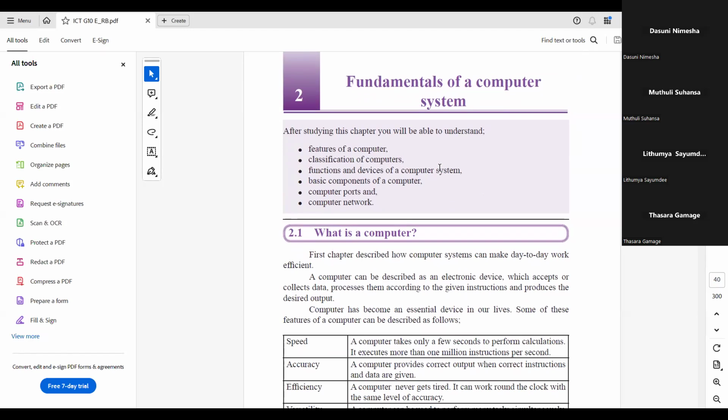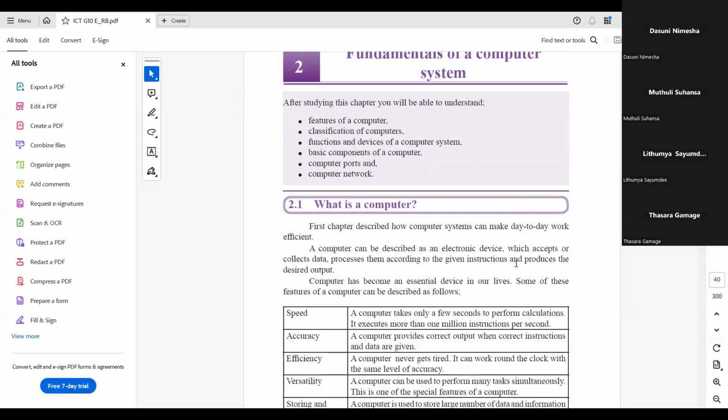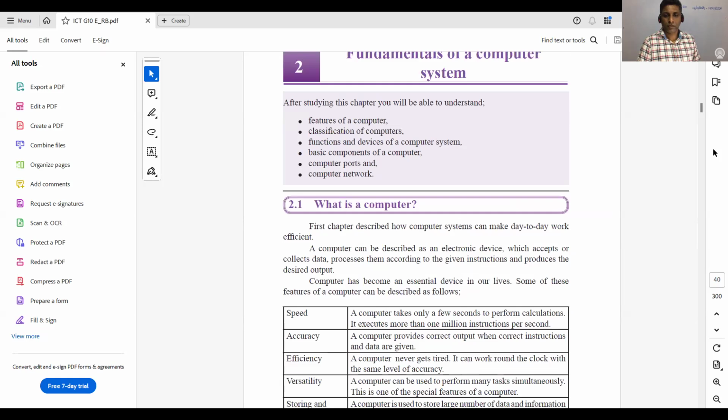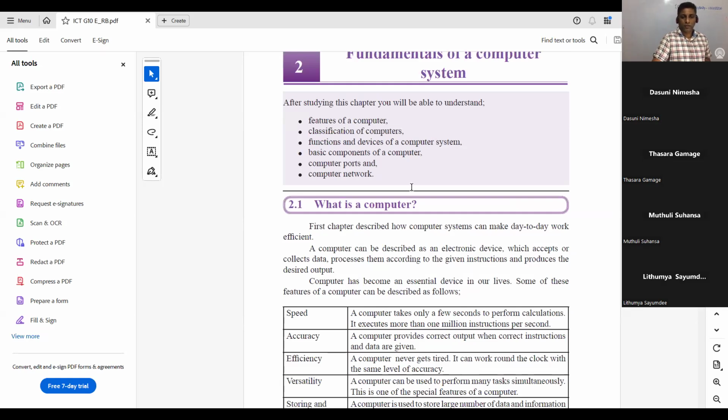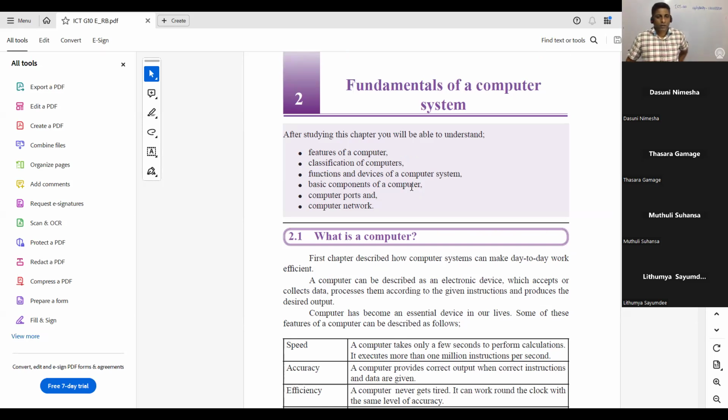So in this chapter, we have to discuss basically six main subtopics, right?